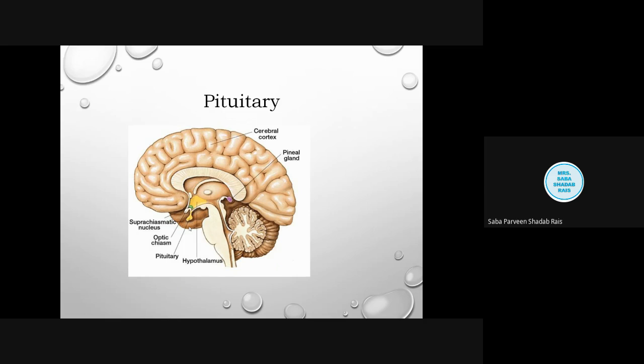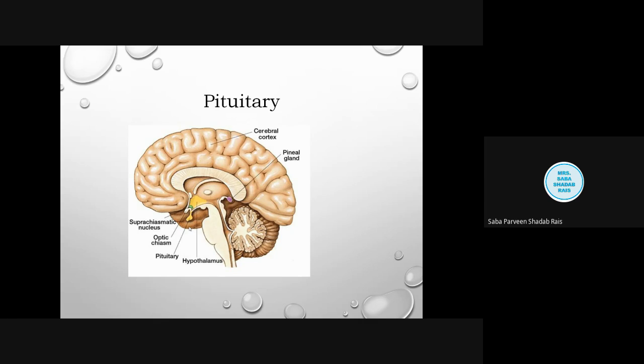If you take the weight, it is just 0.5 gram, but it has a very important role in your development, in your growth, and in each and every function. Lots of functions are controlled by it, and even the other endocrine glands are under the control of this just 0.5 gram gland.